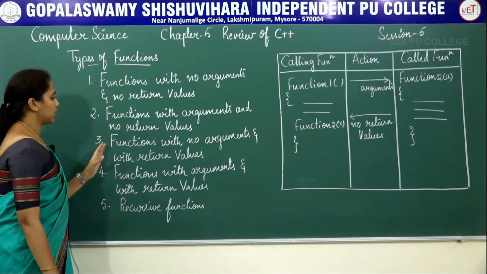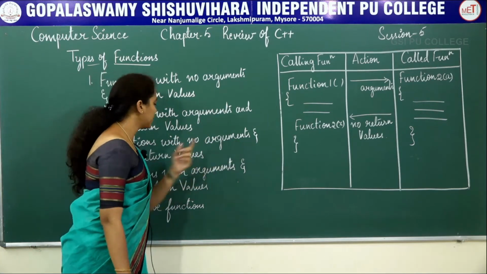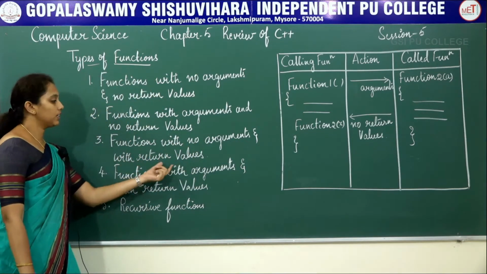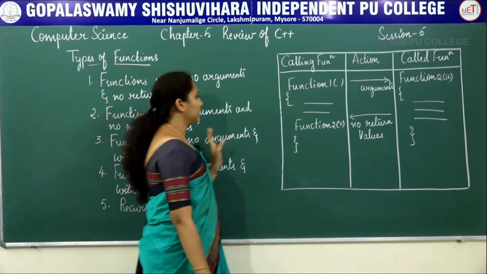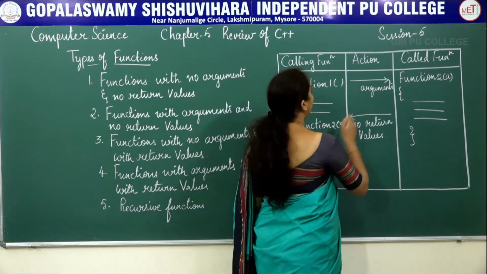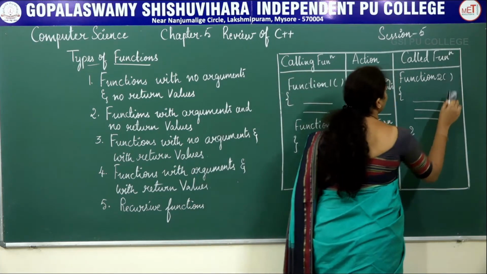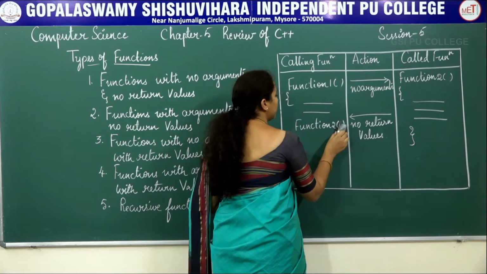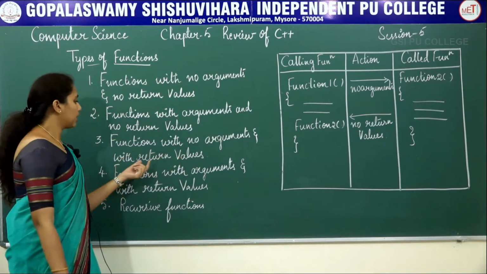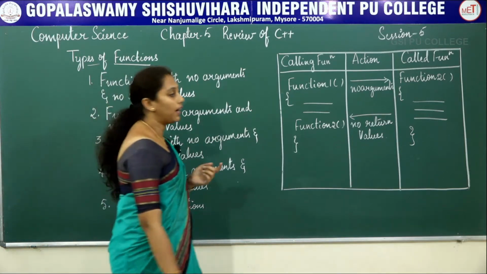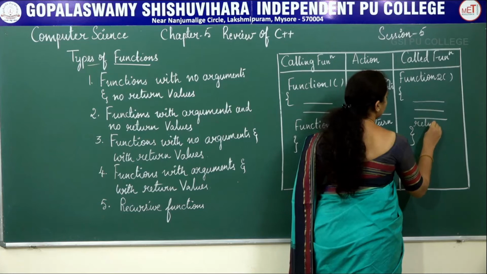Next type of function is functions with no arguments and with return values. Means function 1 does not pass any arguments to the second function, but function 2 returns a value to the first function.